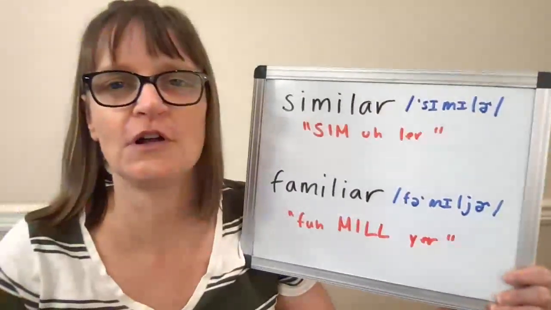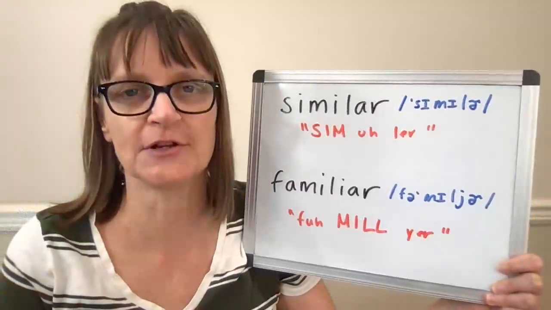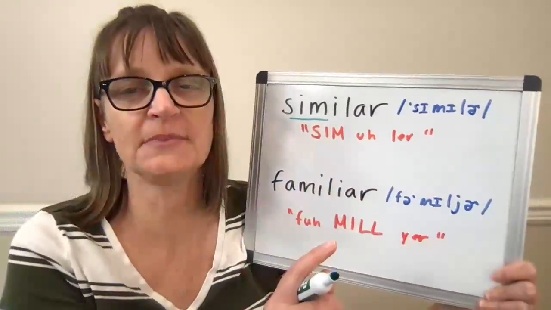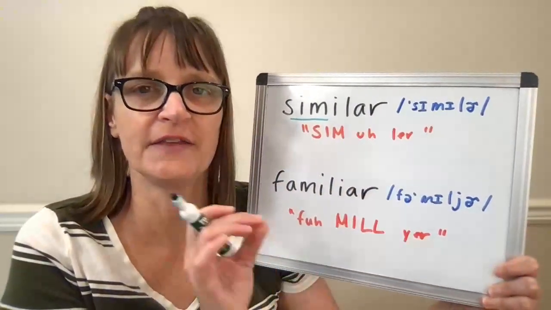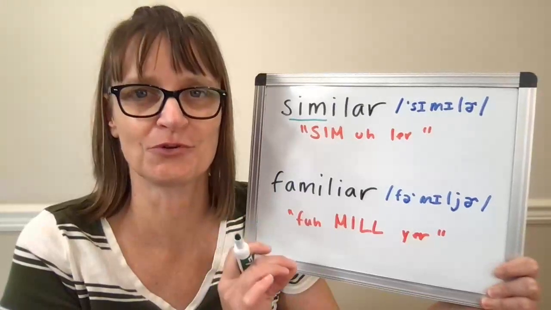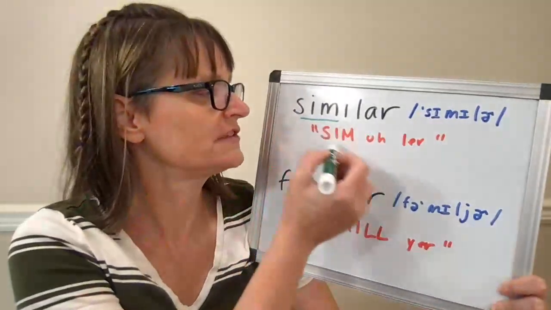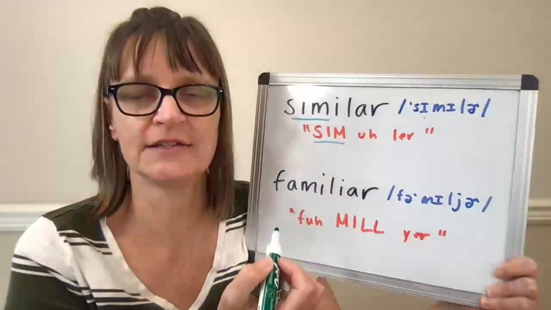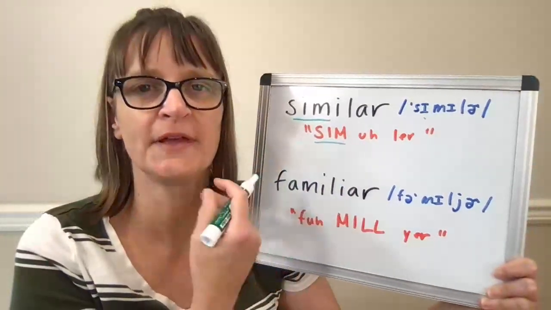So first of all, looking at the word similar, we have first syllable stress. So the sim syllable is long and the lar syllables are short and reduced. The first letter I says the sound I, like in it, as in simple.